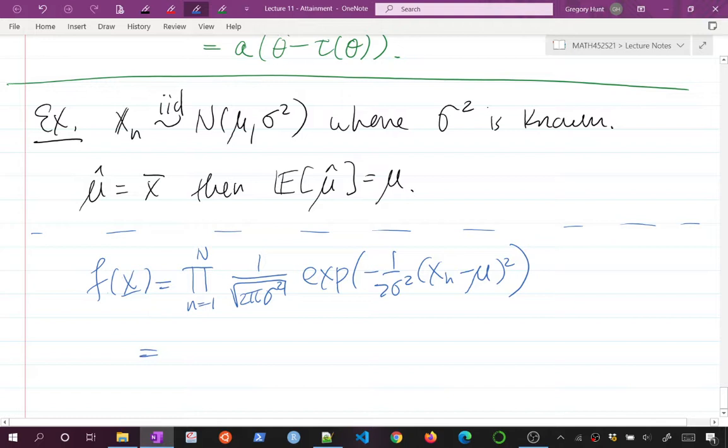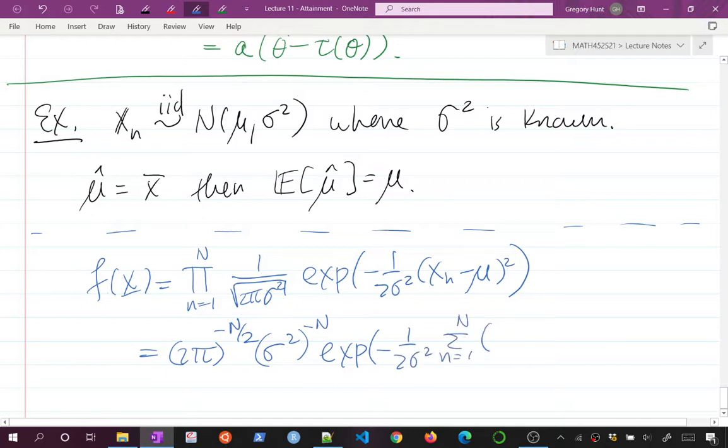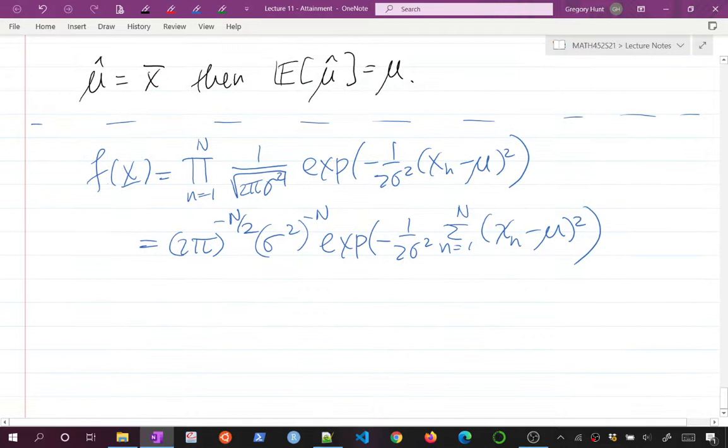We can push this out: 2 pi to the -n/2, sigma squared to the -n/2, exponential of -1/2 sigma squared. And the product gets pushed into a sum inside the exponential, and it looks something like that. I did that quite fast, but I've done that calculation a couple times, so if you need to pause it and work through that, right?